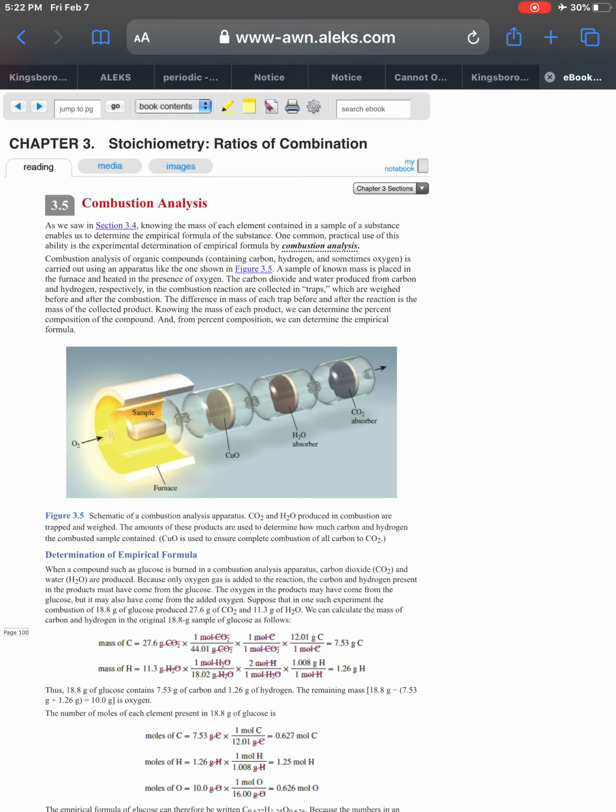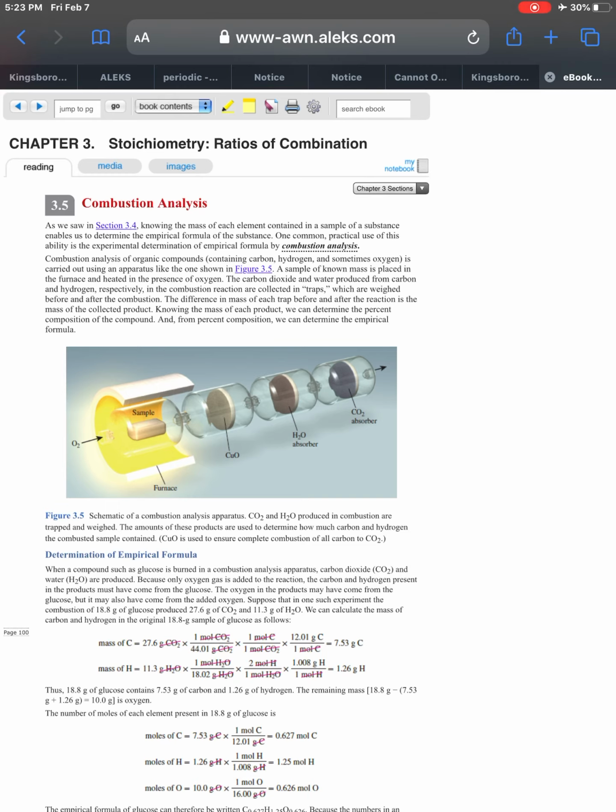The idea here is that the sample is placed inside of a furnace. If you look at figure 3.5, it's a schematic of a combustion analysis apparatus. The sample is heated in a furnace to a high enough temperature that it reacts with a flow of oxygen gas. The oxygen combusts the organic material into carbon dioxide and water.